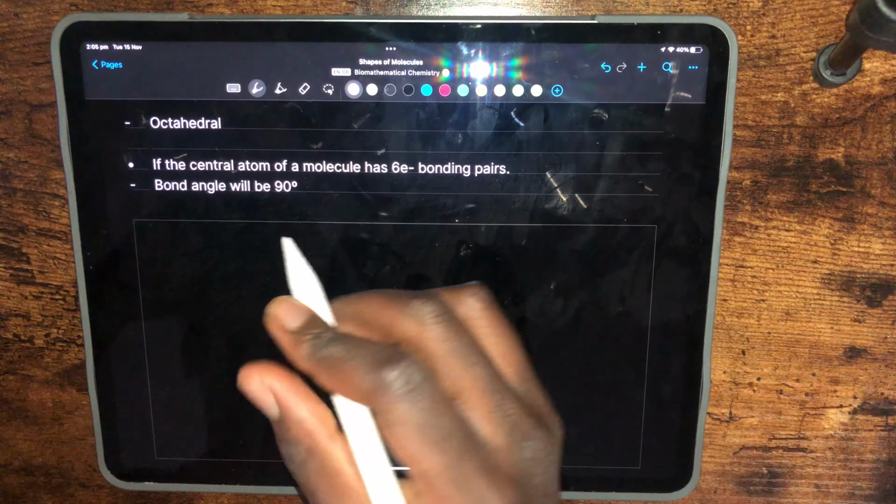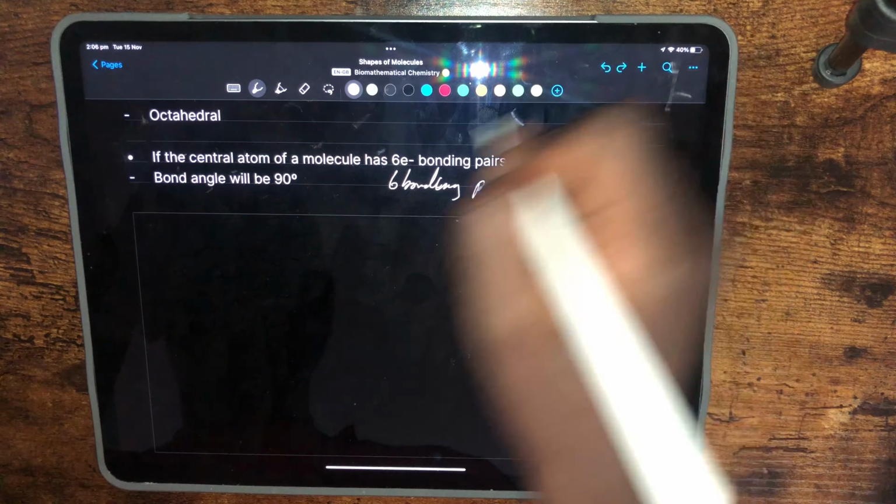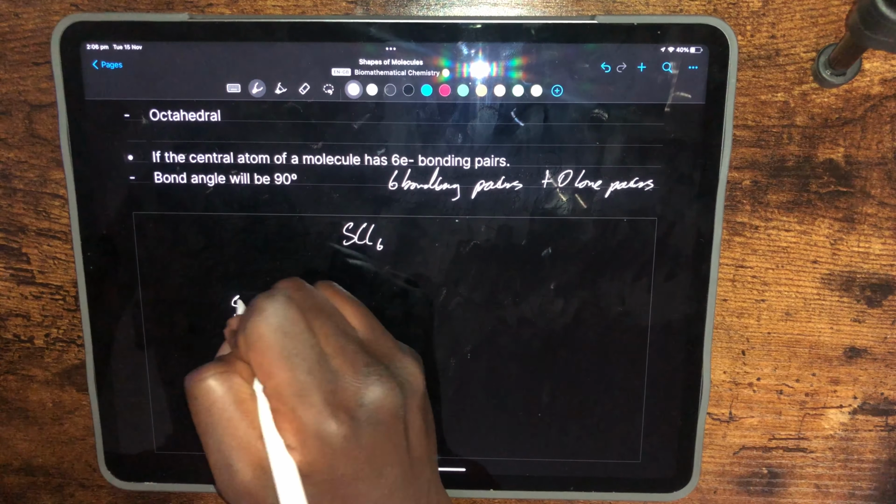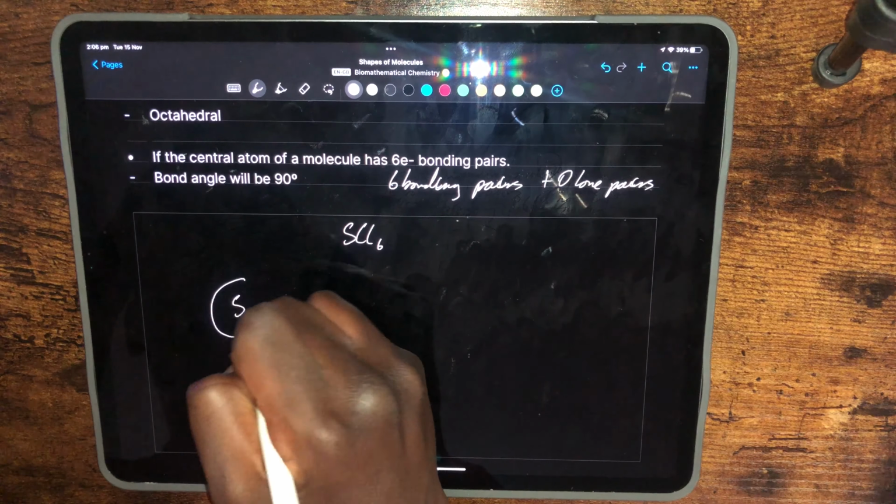I'll do it here. SCl6. 1, 2, 3, 4, 5, and that's actually terrible.